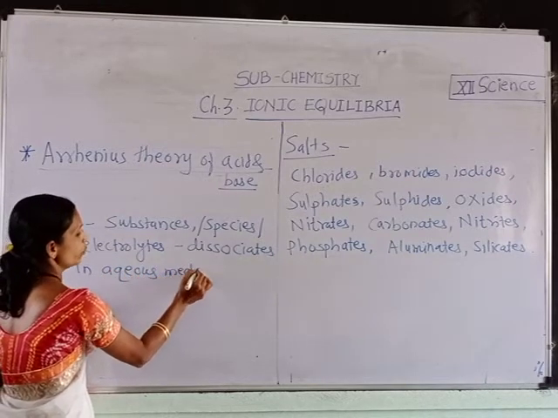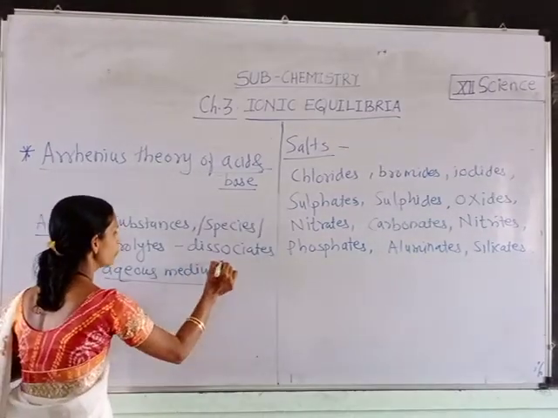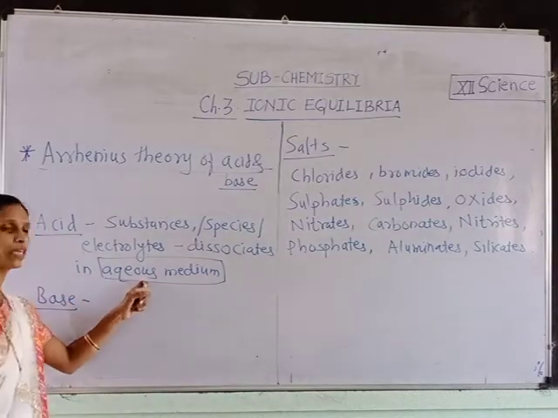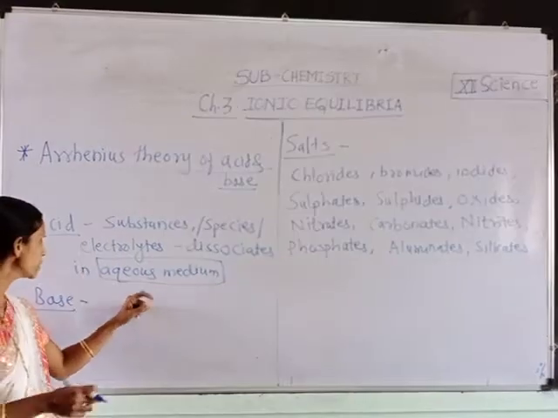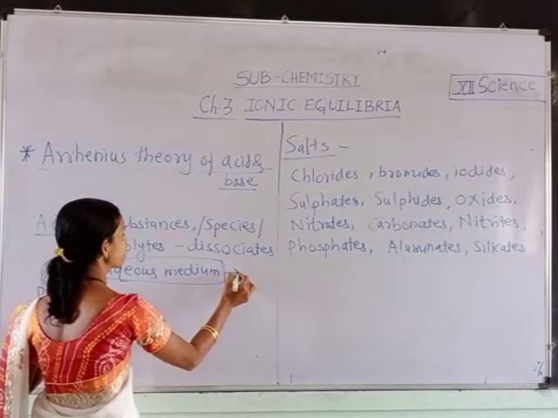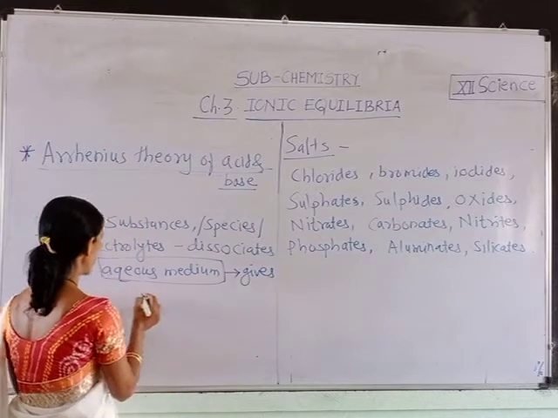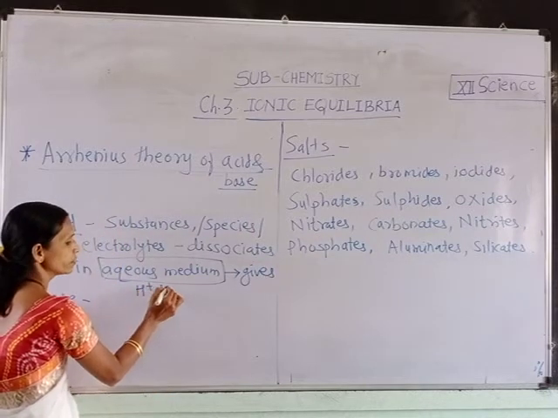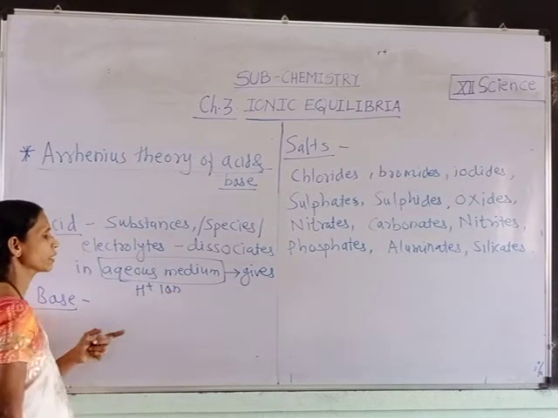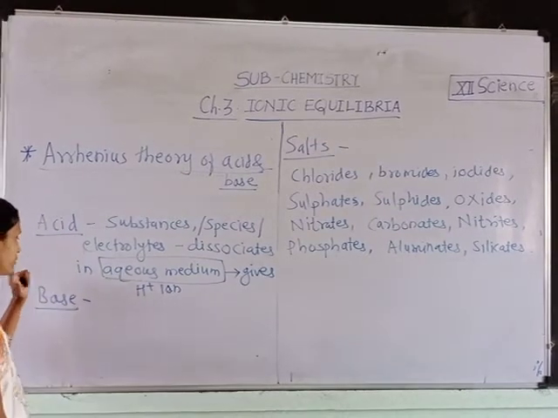That means when the substance is dissolved in water, that word is important, if the aqueous solution of that substance gives H+ ion, then that substance is called an acid.